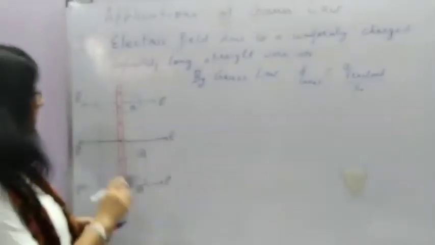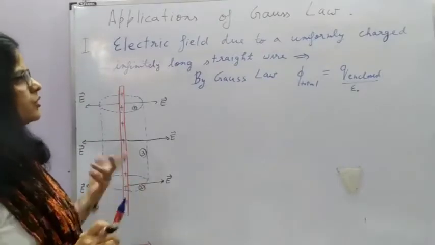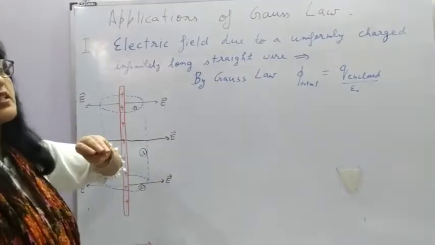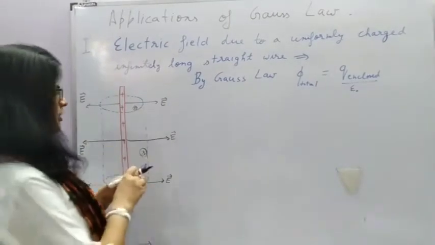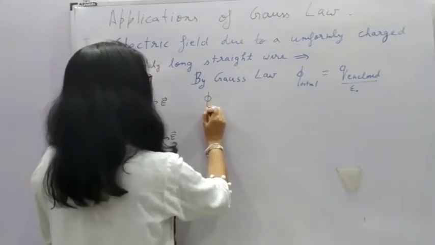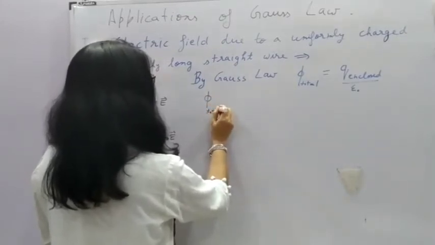Now here we have considered a Gaussian surface. We can use another formula for flux, that is E dot ds. For every surface of the Gaussian surface, we have to find the total flux.